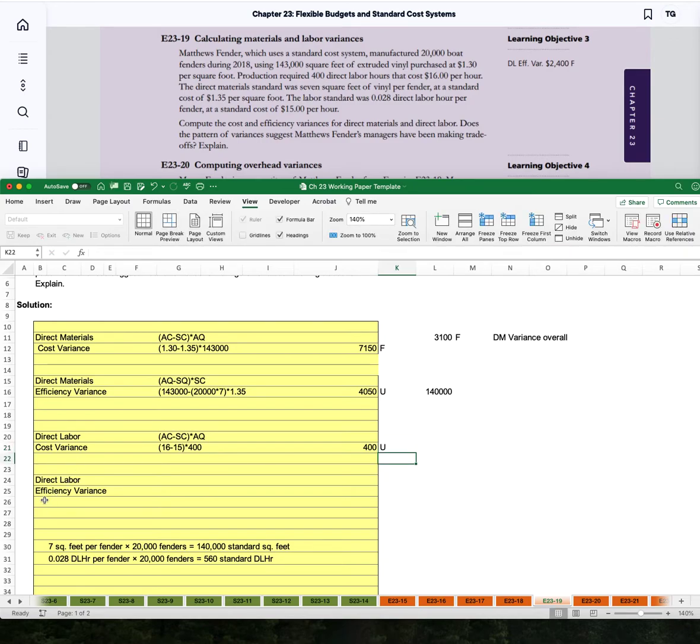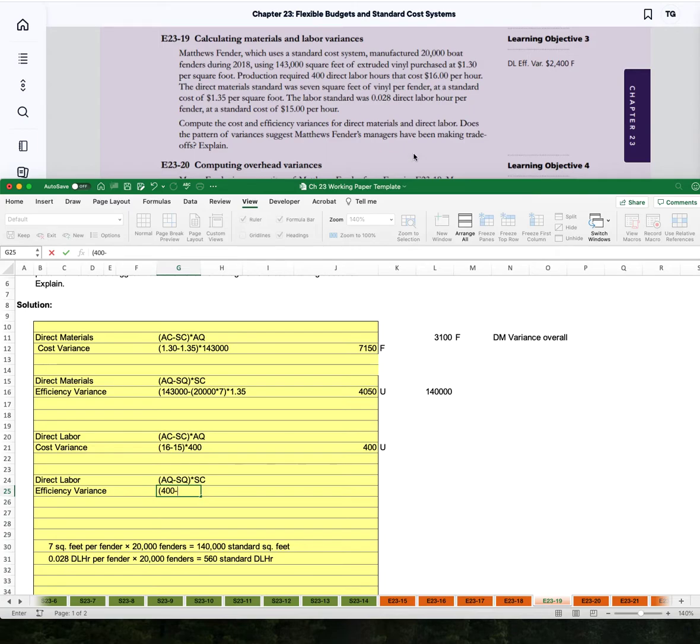Now the direct labor efficiency variance. The formula for efficiency stays the same, so we can copy that down. As far as the actual quantity goes, it was 400, which is given to us. Standard is not directly given, so we would have to calculate it. And you can see that they did that in our Excel sheet.